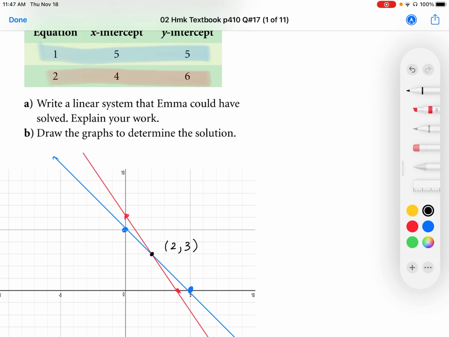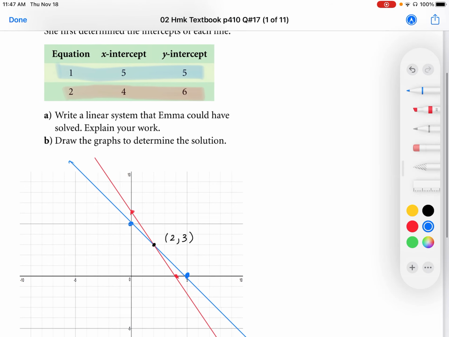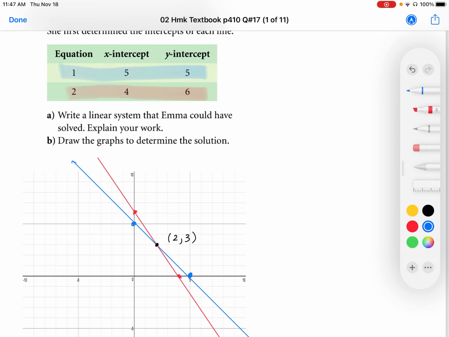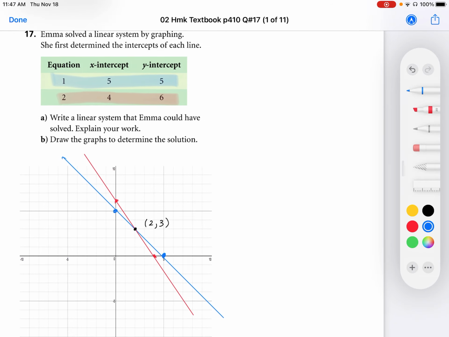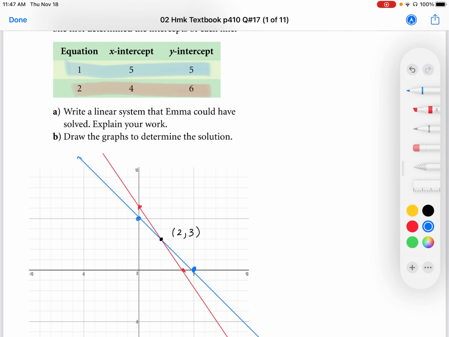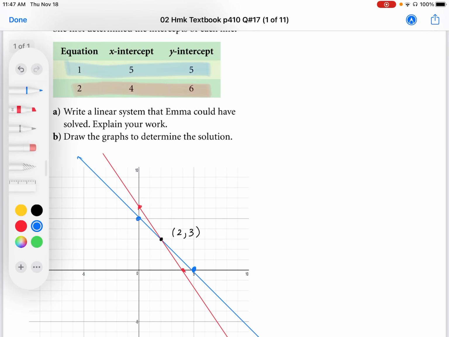Now, if I want to come up with an equation for these, well, we've done this before. If we have 2 points, so I'm going to start with the blue line, equation 1, we can come up with the equation based on those 2 points. So first thing I'm going to do is find the slope.